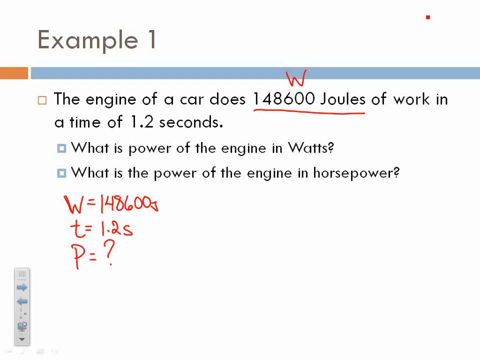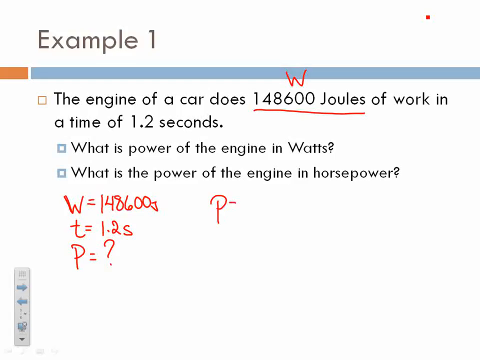When we calculate this with joules and seconds, we're going to get watts, because watts are joules per second. Notice also that the unit watts is also a capital W. You have to be really careful that you know the difference between your variables, like capital W for work, which is measured in joules, and W, which is a unit, watts, for power. It can get a little fuzzy sometimes if you're not careful.